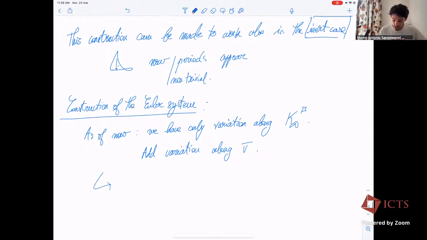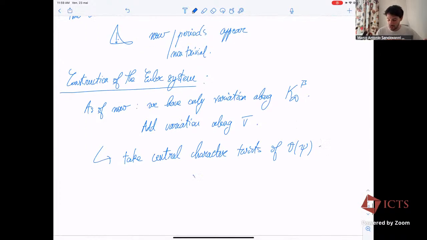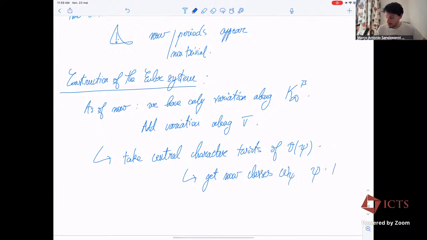So take central character twists of these classes theta psi, so as to get now classes omega psi, for psi a finite order character of Gamma_K.